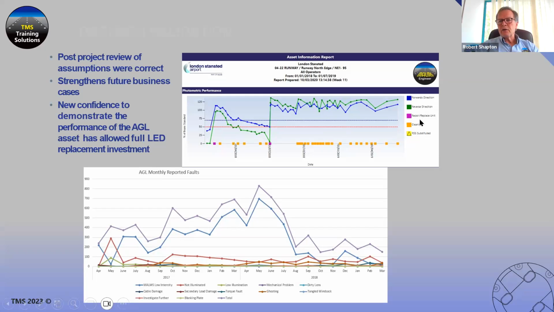The only maintenance interventions now being required are cleaning of the lenses, which is something you have to do even with LED lights. If you're looking here, this bottom chart shows the number of faults reported, and you can see they were running around about 600, well, they got up to, I think, the peak of 800 a month.